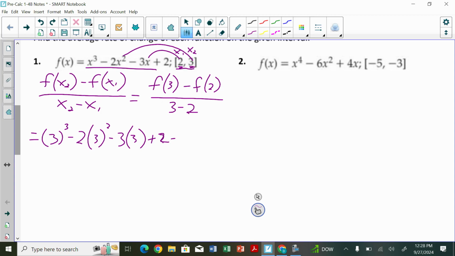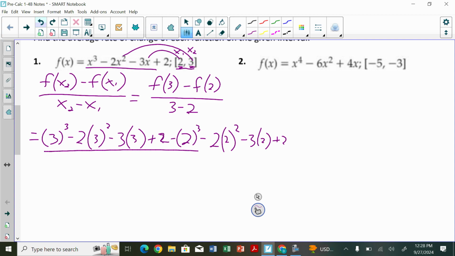That would be minus, 2 cubed minus 2 times 2 squared minus 3 times 2 plus 2. Oh, did I miss one? Yes, sorry, hold up. And all of that would be over 3 minus 2.